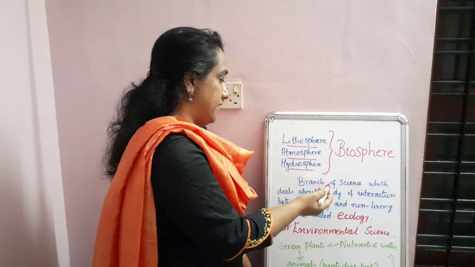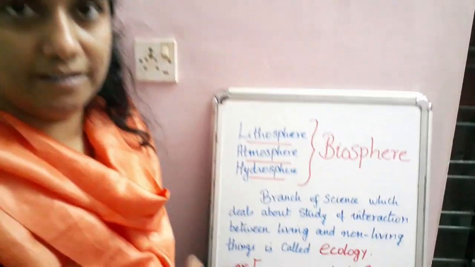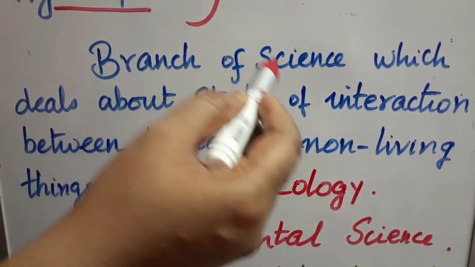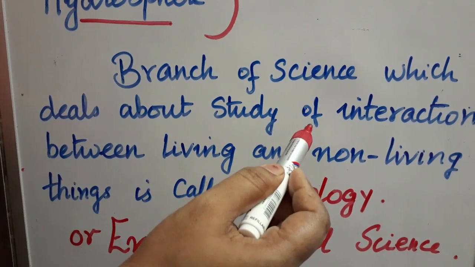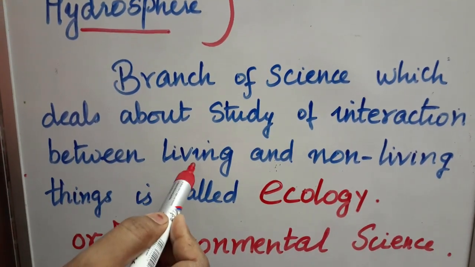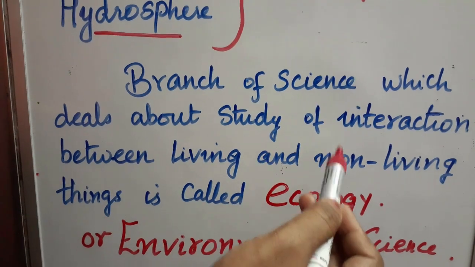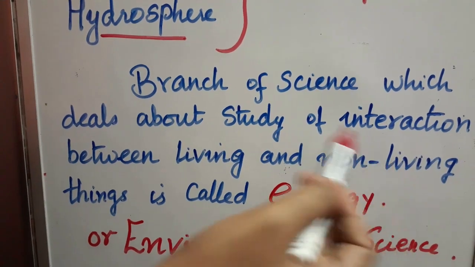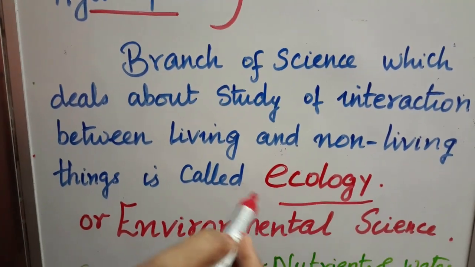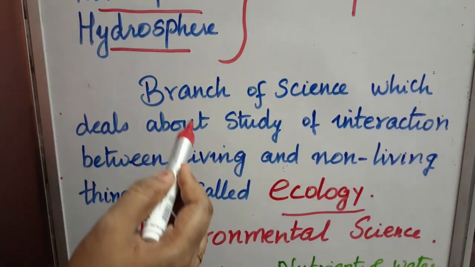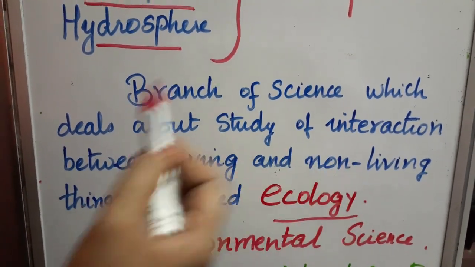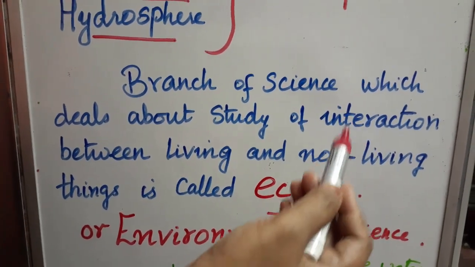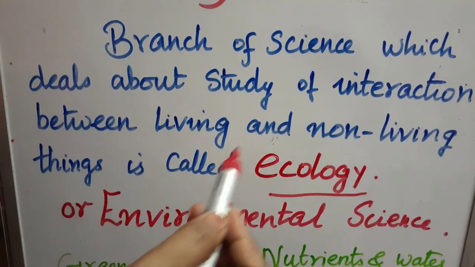There are different branches in science, like botany, zoology, and like that. The one branch of science which deals with the study of interaction between living things, meaning plants and animals, and non-living things like air, land and water, is called ecology.